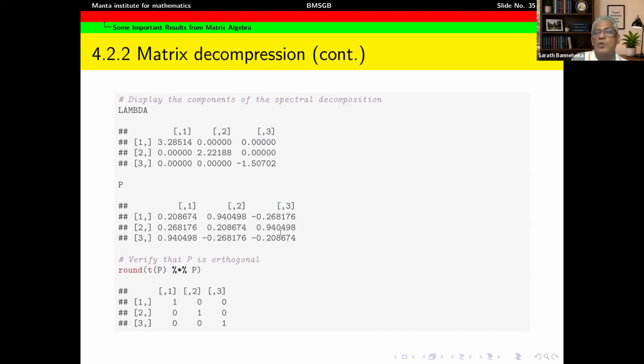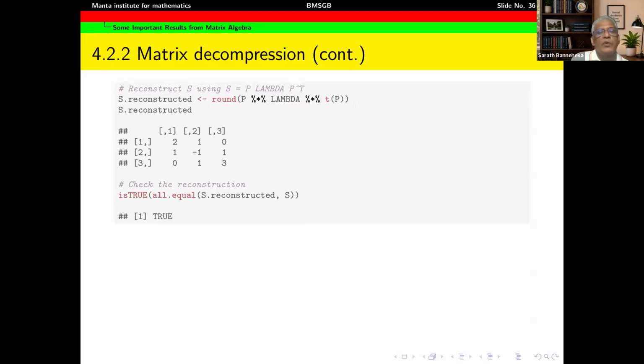And just to check whether these are orthonormal eigenvectors, when you calculate transpose P times P, you get this thing. Actually, you get some numbers with a large number of decimal places. This is not exactly one, and this is not exactly zero because of rounding errors in the computer. But if I take the rounded value, it's completely the identity matrix. So that shows that these are orthonormal vectors.